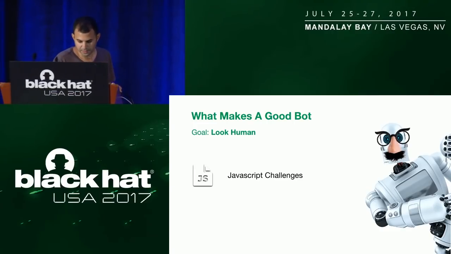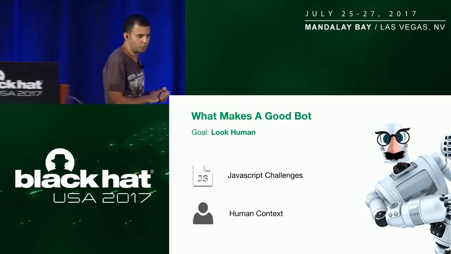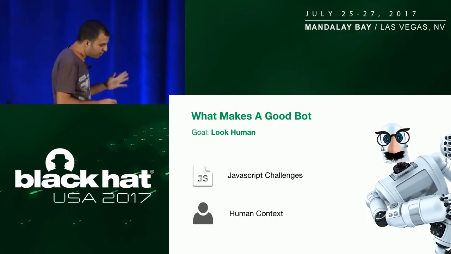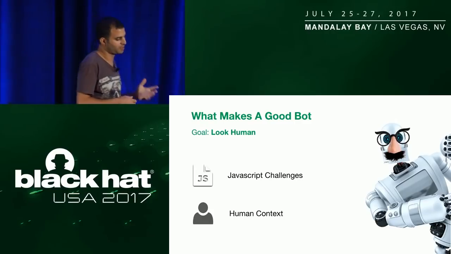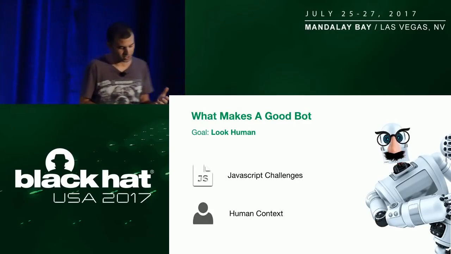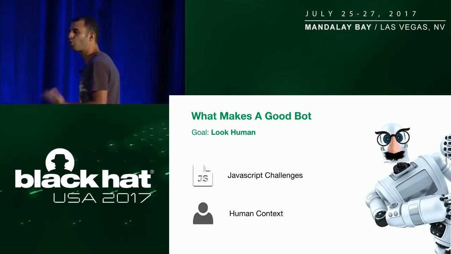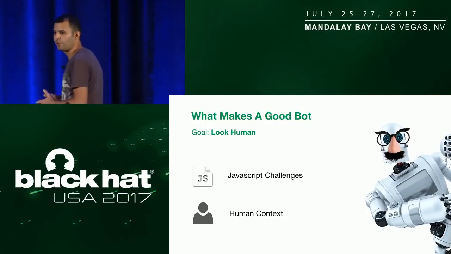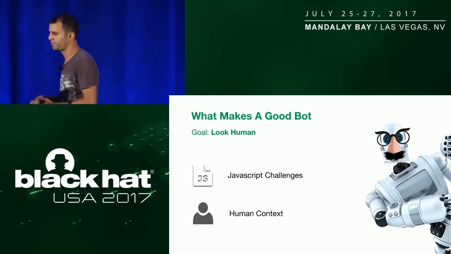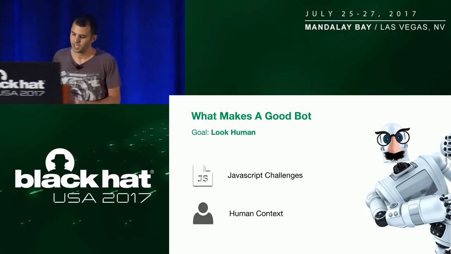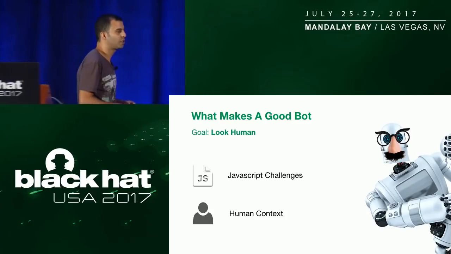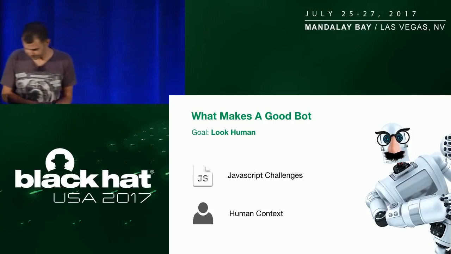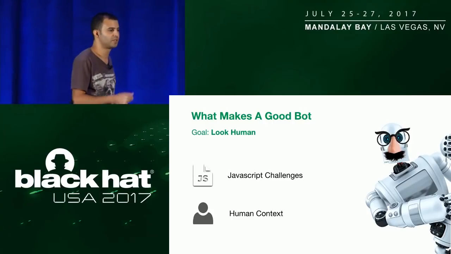The second thing is what I like to call human context. This includes a lot of stuff, for example, mouse movement and keystrokes, and all the human behavior involved when you surf the internet. In addition, the user context here is very important.